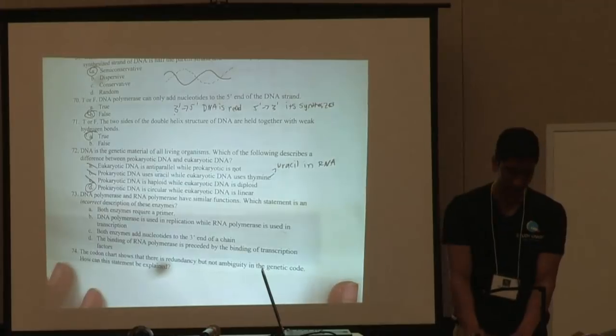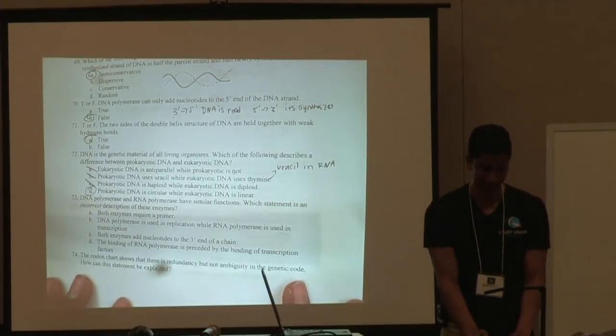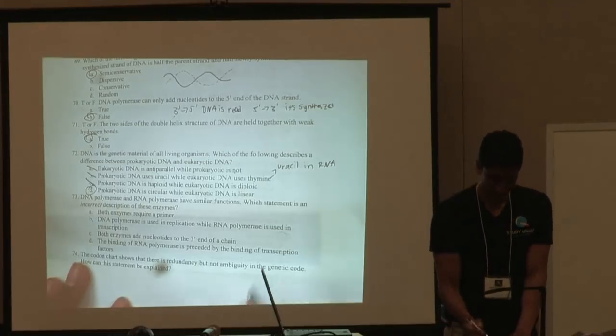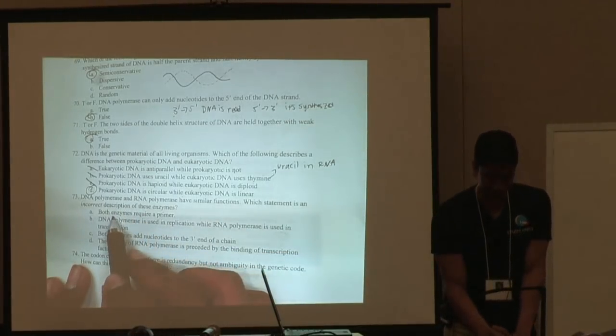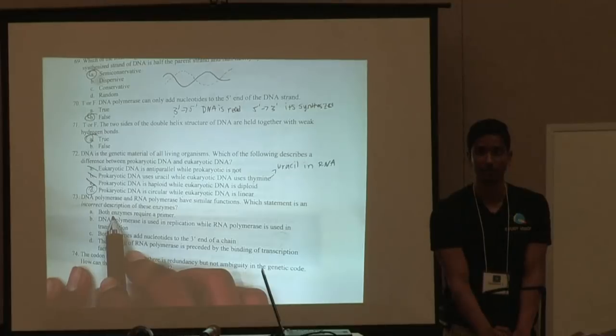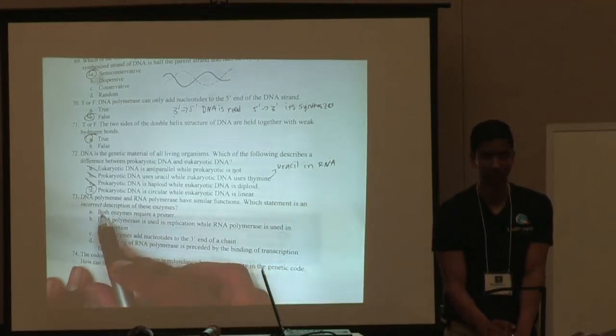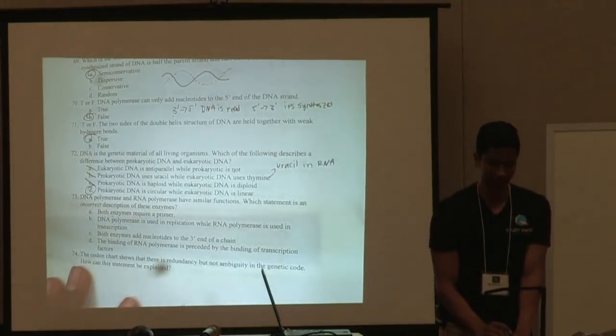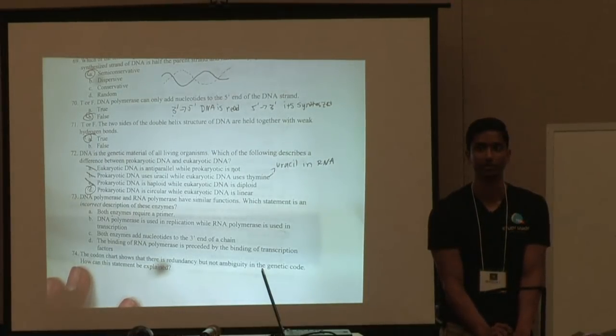All right. DNA polymerase and RNA polymerase have similar functions. Which statement is an incorrect description of these enzymes? So does RNA polymerase require a primer? No, right? It just goes straight ahead and does it. Does DNA polymerase require a primer? Yes. So what comes in and changes those RNA back to DNA? Polymerase.